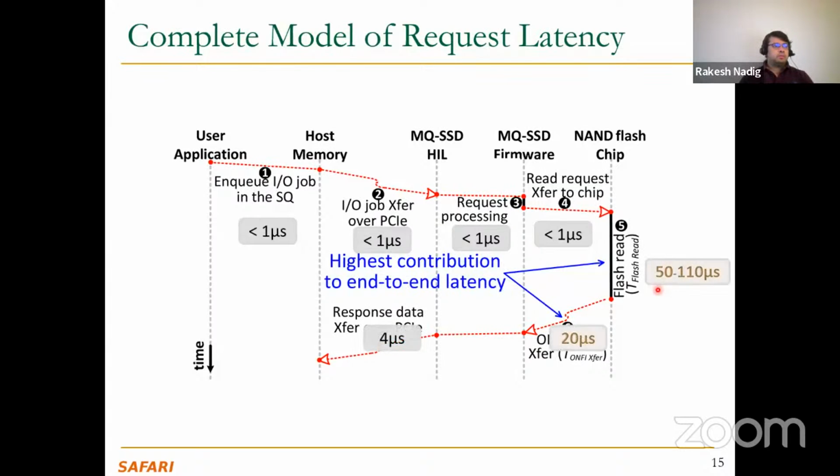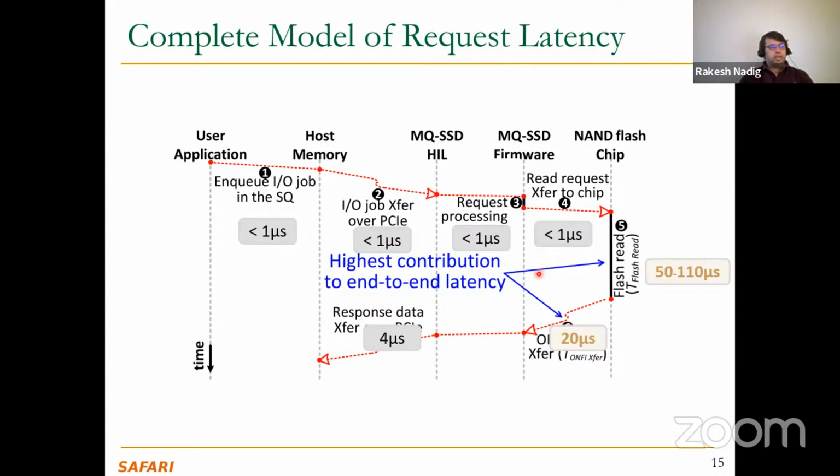Then we have the data transfer from the flash chip to the SSD firmware, or the FTL, which takes around 20 microseconds through the flash channel. And then the data transfer from the device to the host memory takes around 4 microseconds. These are some of the latencies that need to be modeled by the simulator, and MQSim does that.